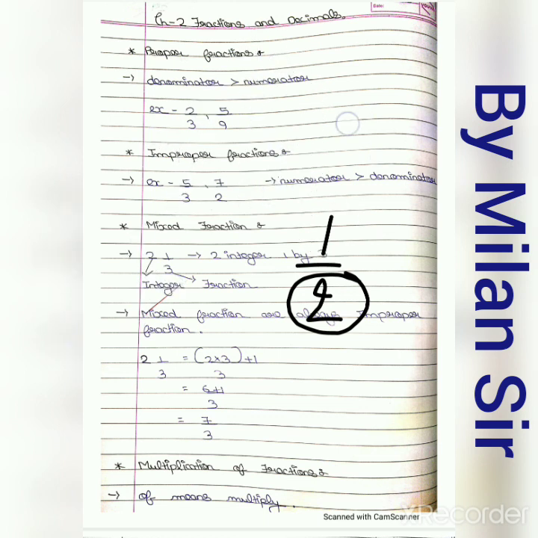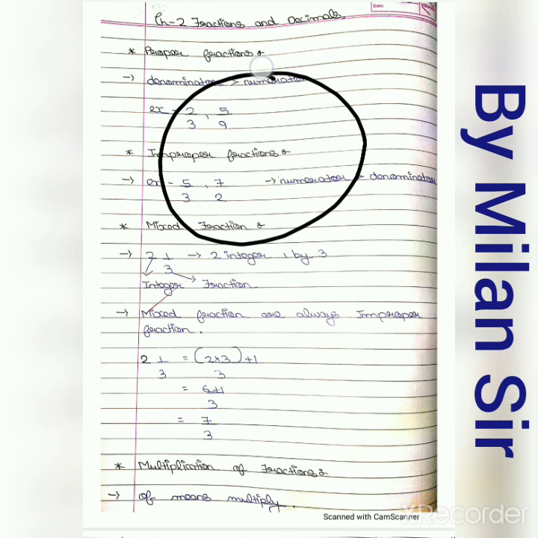If we consider parts of only one circle, then each part becomes 1 by 4. If we consider only one circle, then it is always a proper fraction.